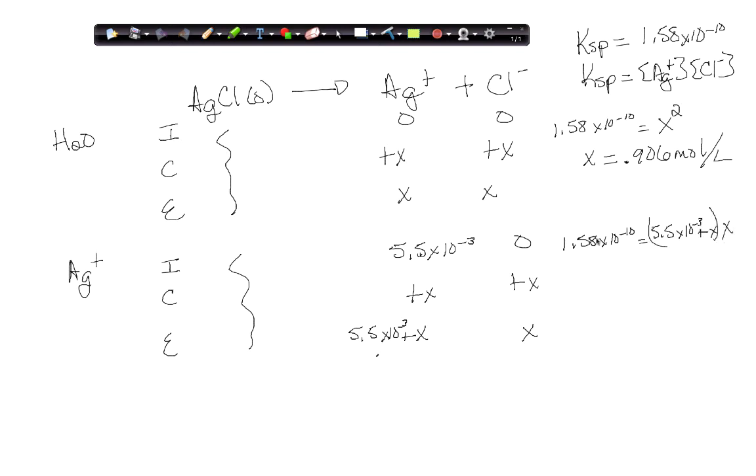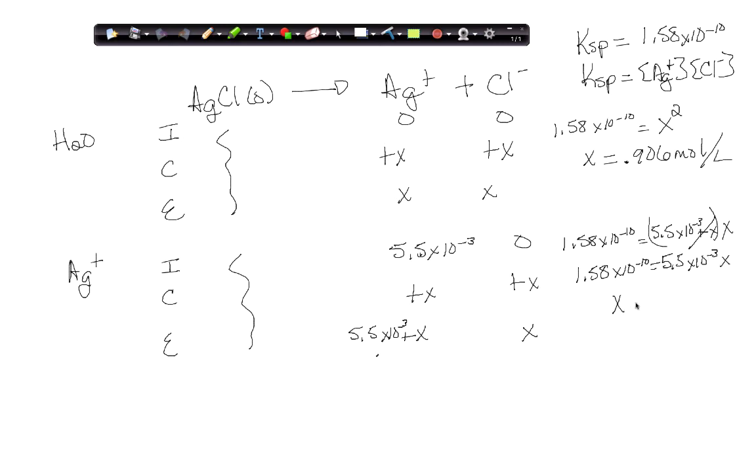Well, K is very small. That means I can assume x is very small. So if x is very small, I can approximate and take that out and not have to deal with quadratic because I don't want to do that. So it's going to be 1.58 times 10 to the negative 10, and that's equal to 5.5 times 10 to the negative third times x.